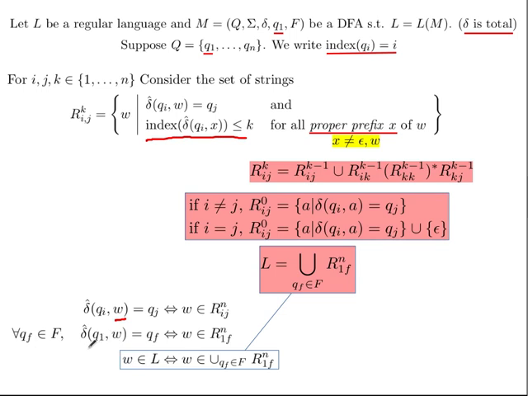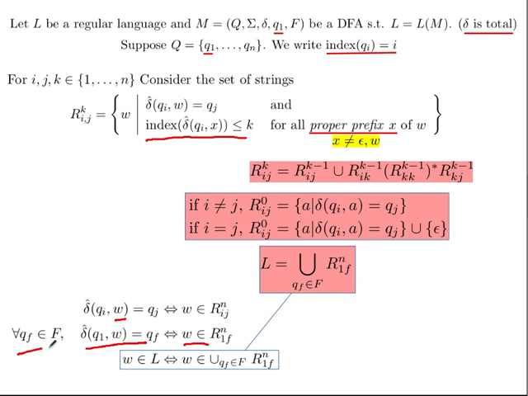And how can you express this condition? We can express it like this, right? So it comes from here. And then since you can have multiple final states, you have to take all such strings for all values of f. What are these f's? They correspond to the qf's in your set of final states.